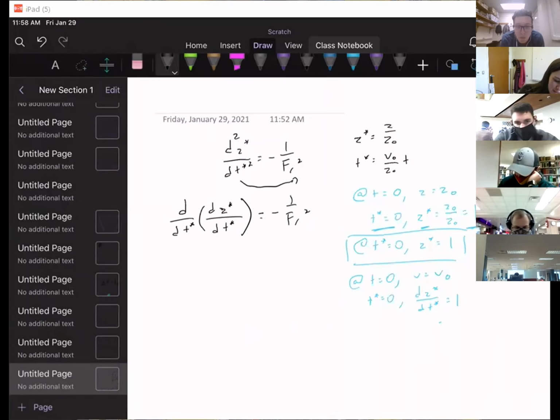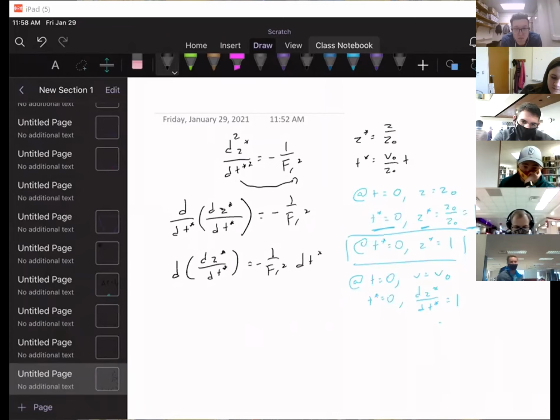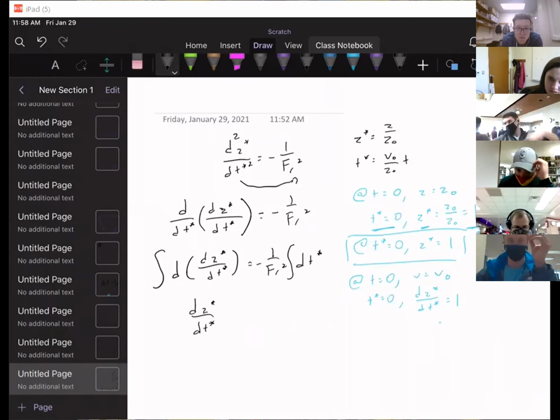Okay, so now we separate and integrate. Now I'm going to integrate both sides. D of dz dt, you integrate, it just becomes dz dt, just like if you integrated dy, it would become y.